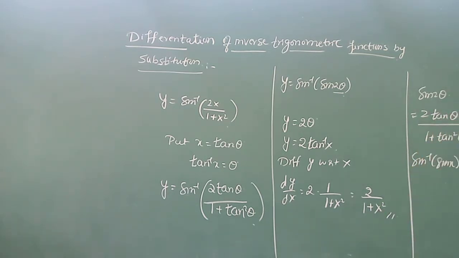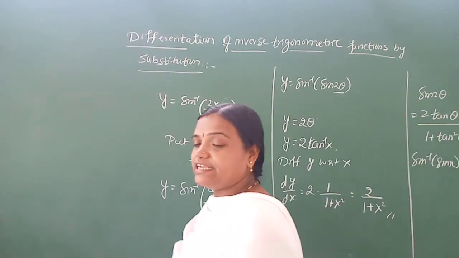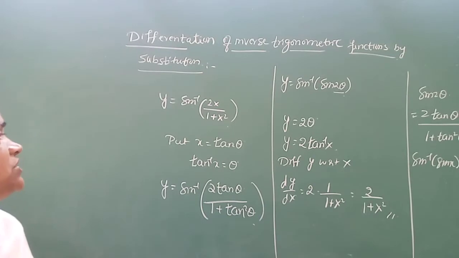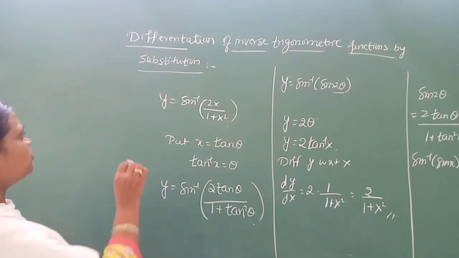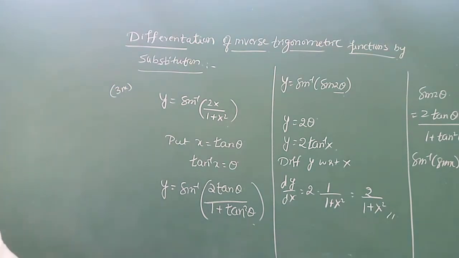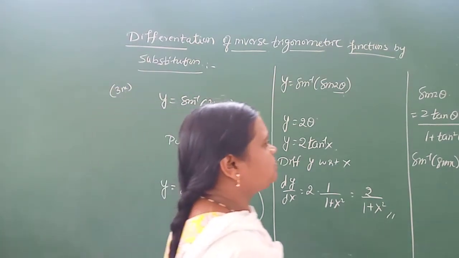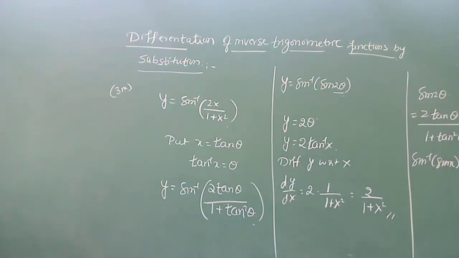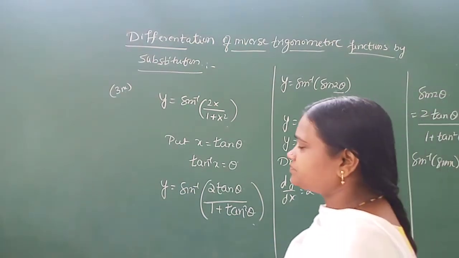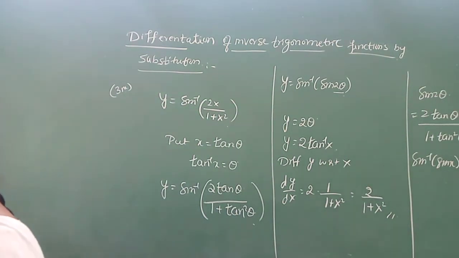Instead of the lengthy process, we can apply the method of substitution directly. Such examples are asked in the exam for 3 marks. Remember, differentiation of inverse trigonometric functions by the method of substitution: if it is a simple example, they will give 2 marks; if it is a little lengthy process, then it carries 3 marks.